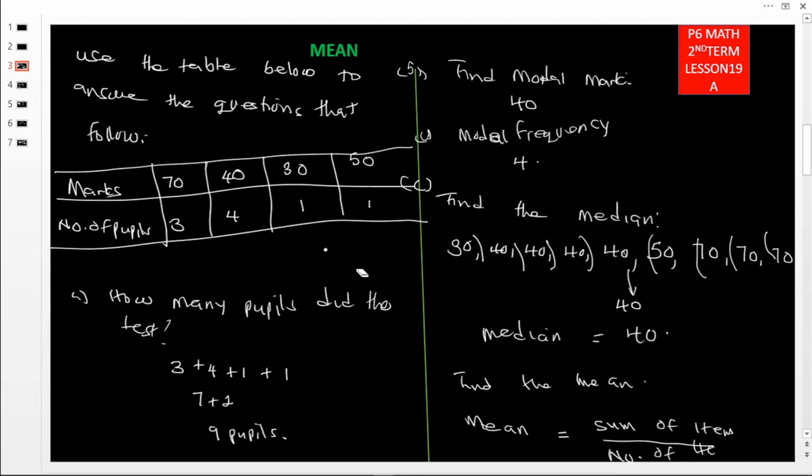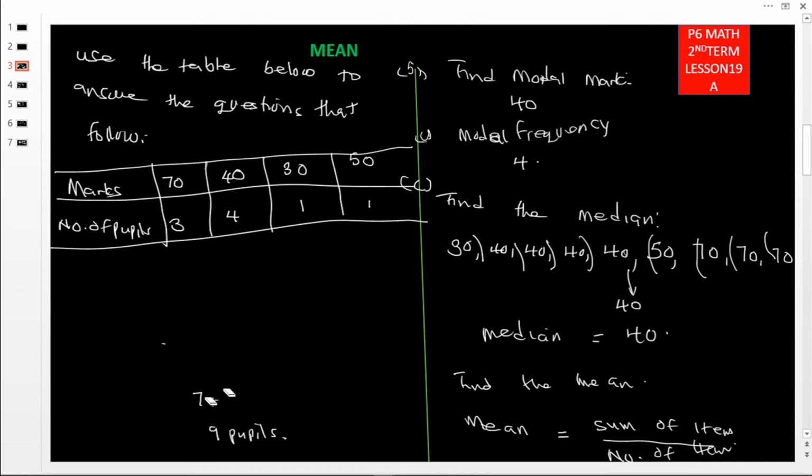Okay, let us rub here. Okay, so then from there we are getting our mean as the sum of items. So we are going to start with the 70. How many 70s do we have? We have 3 70s.